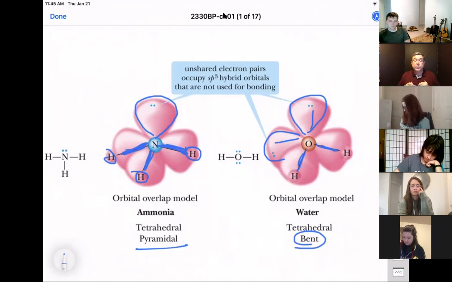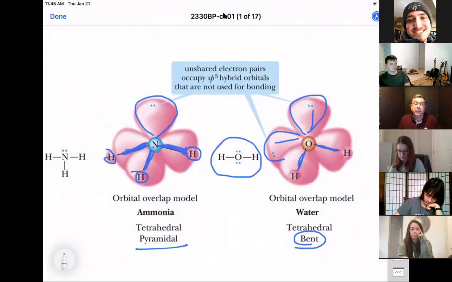Okay. So that's why water is not a linear molecule like we see here, because the orbitals on the oxygen are sp3 hybridized, and that gives them the bent shape we see in water.